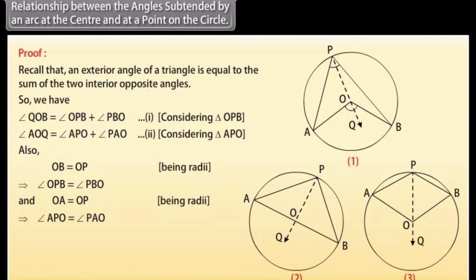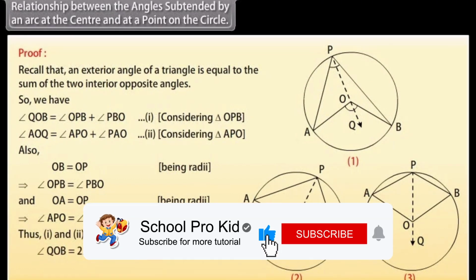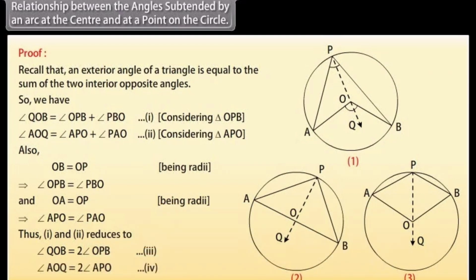Similarly, angle APO is equal to angle PAO. Thus 1 and 2 reduce to angle QOB is equal to 2 into angle OPB, 3. Angle AOQ is equal to 2 angle APO, 4.